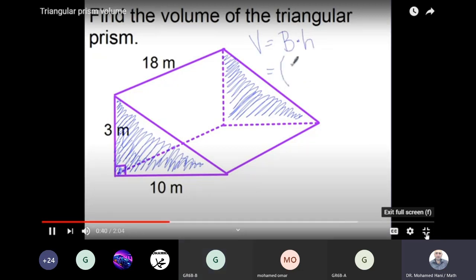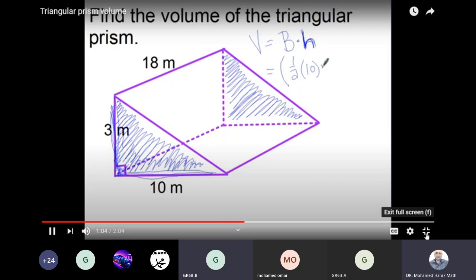Our base is a triangle, which has 1/2 of base times height. In this case, we'll call the base 10, it's what it's sitting on here. So the triangle has a base of 10, and the triangle itself has a height. This is the height that goes with the triangle, as opposed to the height that goes with the prism.